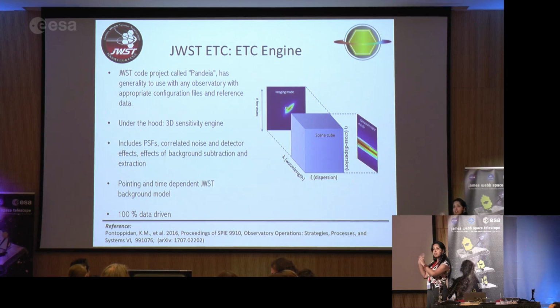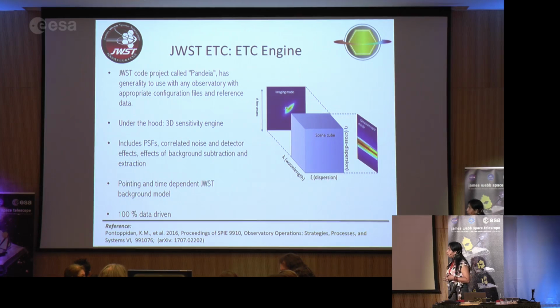If it's imaging mode, you're collapsing it by integrating along the wavelength direction. If it's spectroscopy mode, you're collapsing it into two dimensions, where one dimension is the spatial distribution of the flux in the cross dispersion direction, and the other axis is how the flux integrates as a function of wavelength.